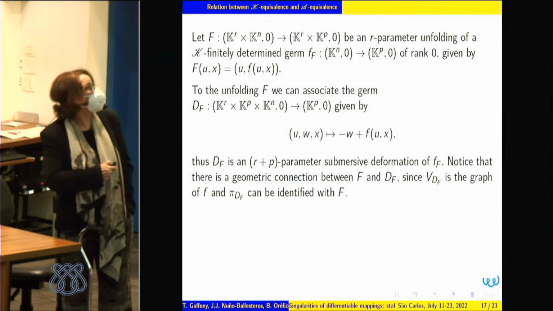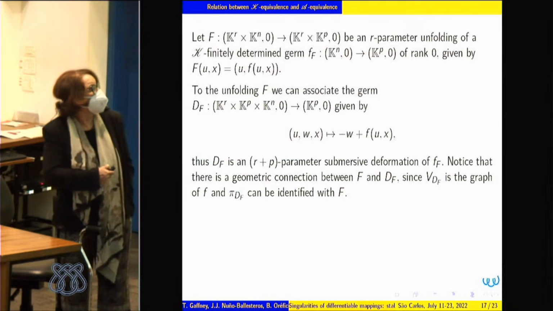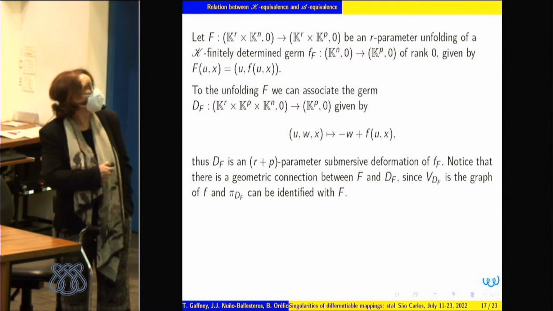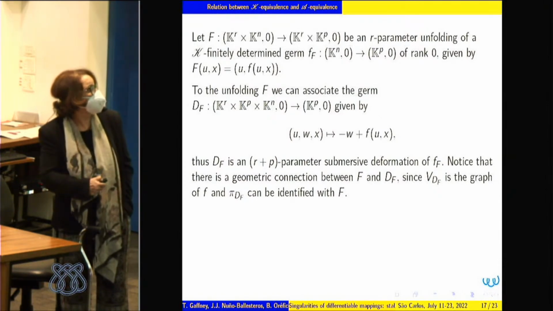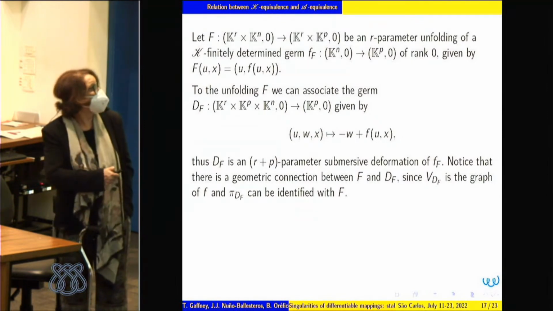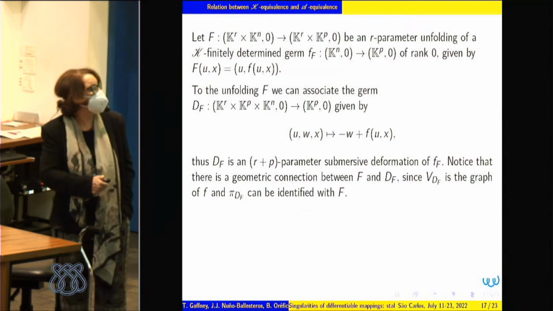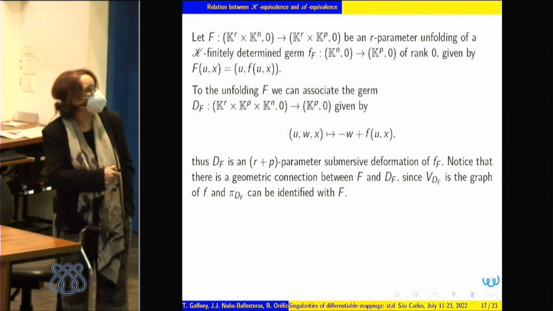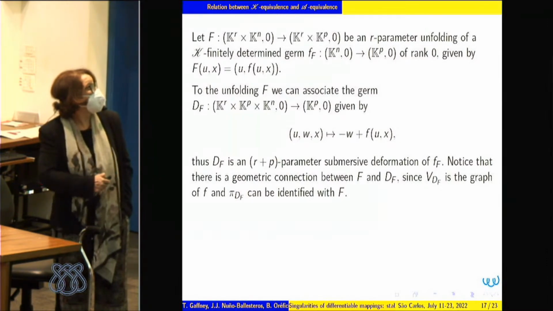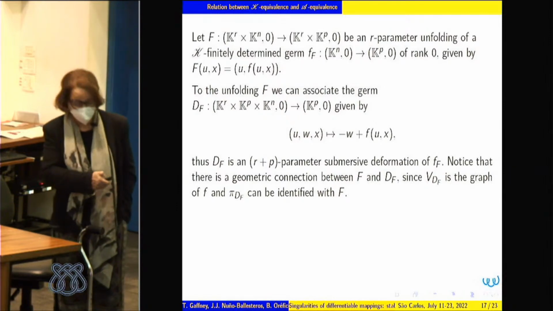Then what we saw, or what we want to establish, is that, of course, dF is an R plus P parameter submersive deformation of f. And there is this connection between F and dF, because VdF, which is the zero set of this graph deformation, is the graph of F. And in fact, we can see that this projection can be identified with F, right?